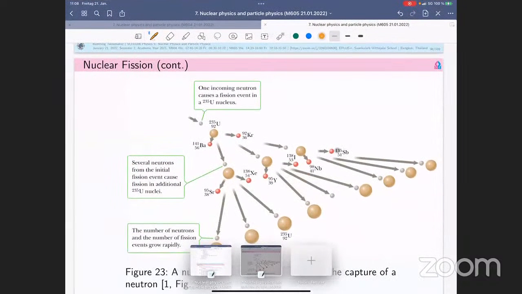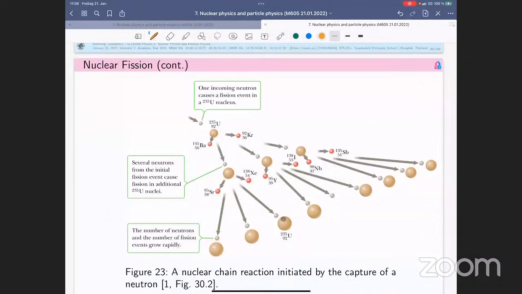And other components of X and Y, right? During this process, they will also produce neutrons, and the neutrons will hit the next uranium, and we get another pair of daughter nuclei. This is the second round of neutron creation.